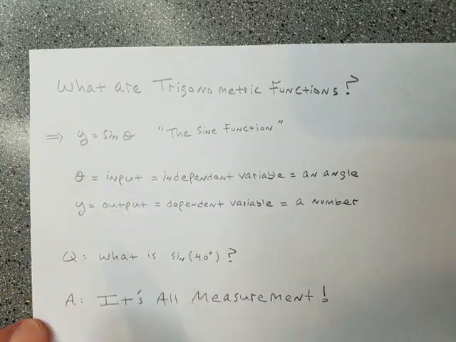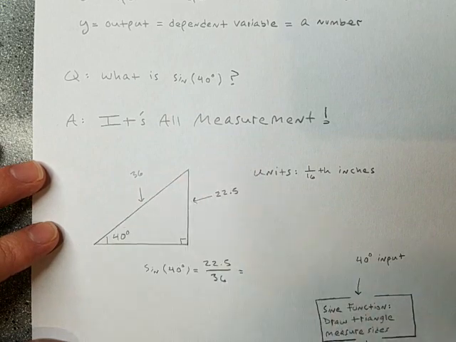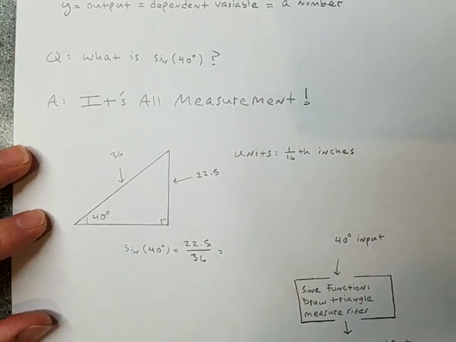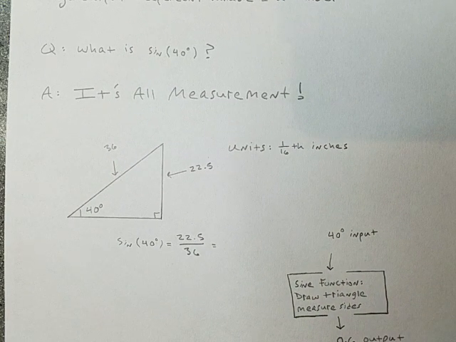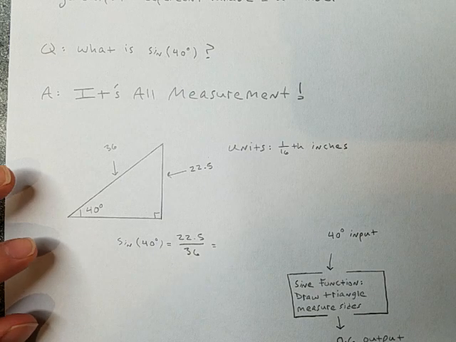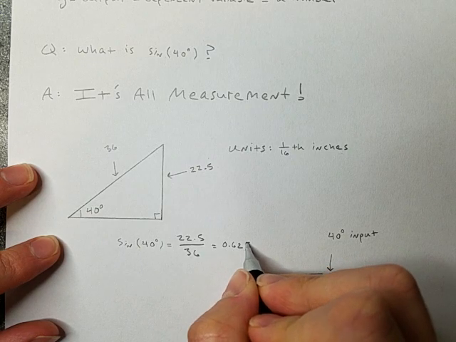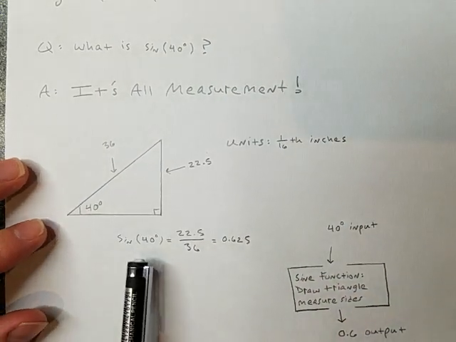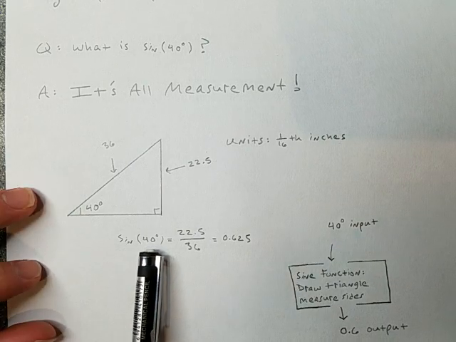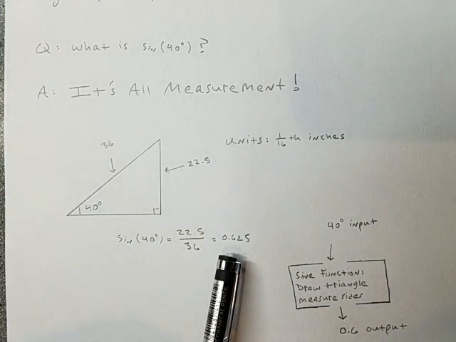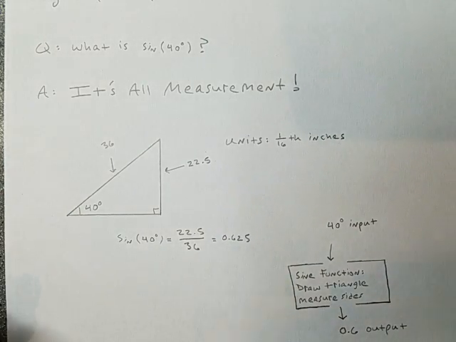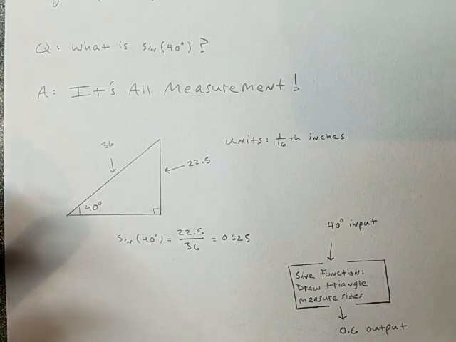The input's an angle. The sine function is this whole process of drawing the triangle and measuring the sides. And so if I take 22.5 and divide by 36, I'll get 0.625. So for the sine function, 40 degrees for an input gets you about 0.6 for an output. All right? Okay, that's what it is.